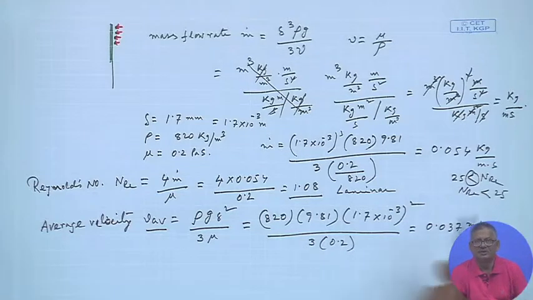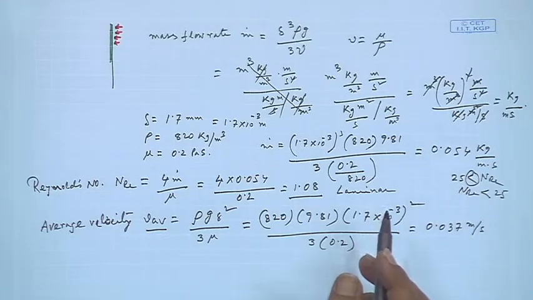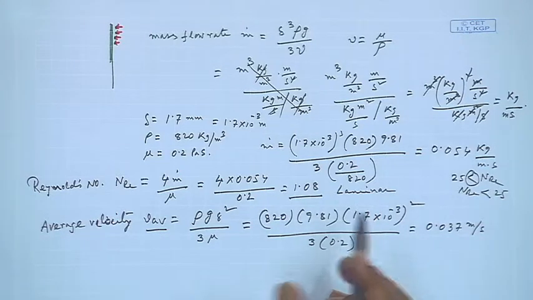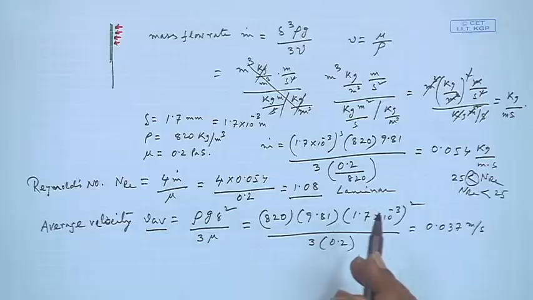So this way we can find out the Reynolds number, the velocity, and the mass flow rate, given the different things. If you remember, we had given all of them in different forms. The volumetric flow rate was also determined, then the mass flow rate was also determined.